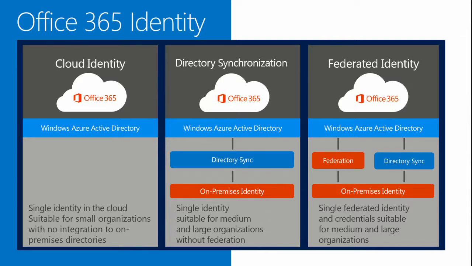So if your users come up to Office 365 and they enter their username and password, Office 365 is going to say, hey, wait a minute, I need your on-premise directory to authenticate that user. So we're going to show a web page from the on-premise server. We're going to ask the user to authenticate themselves there. And then that authentication is going to be used by Office 365. So by federated, all we're saying is Office 365, Windows Azure Active Directory are federated with the on-premise identity provider.